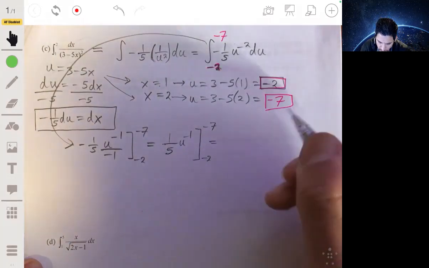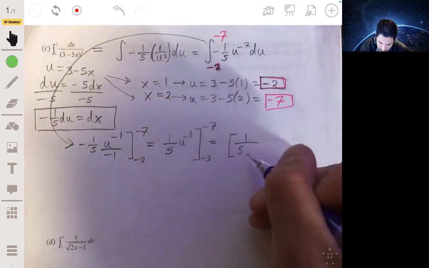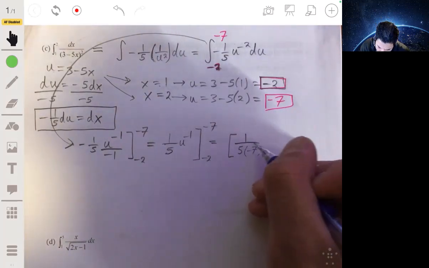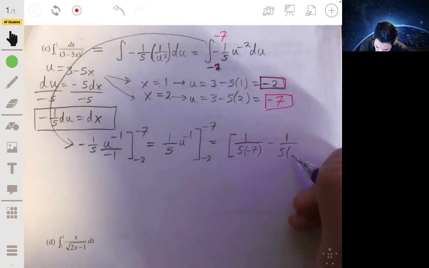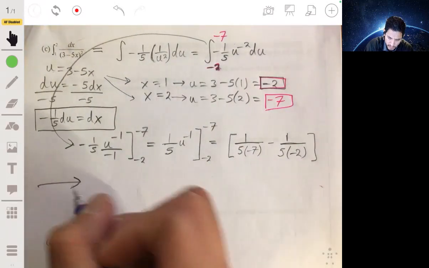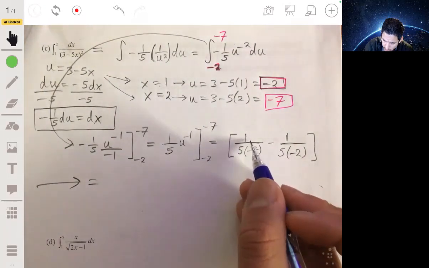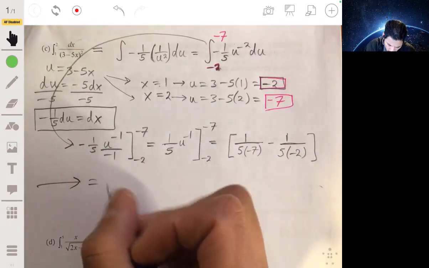And so then this will be 1 over 5 times negative 7 minus 1 over 5 times negative 2. And so it's just an algebra problem now. And so 1 over negative 35 plus 1/10, it looks like.